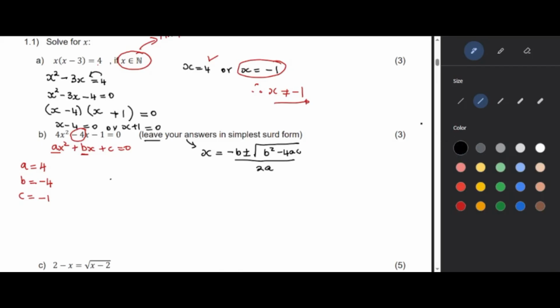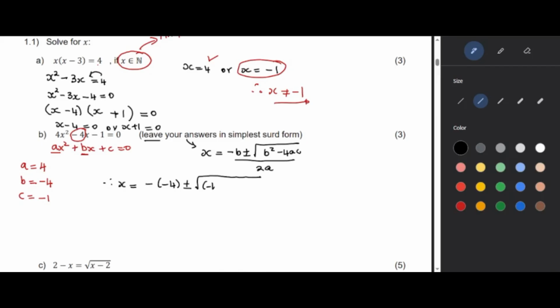So what will be x? Therefore the value of x is equal to negative b, which is minus 4. So this will be minus 4, and then plus or minus the root of what we have inside the bracket, which is the value of b.